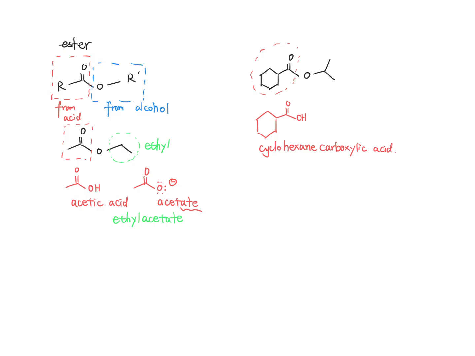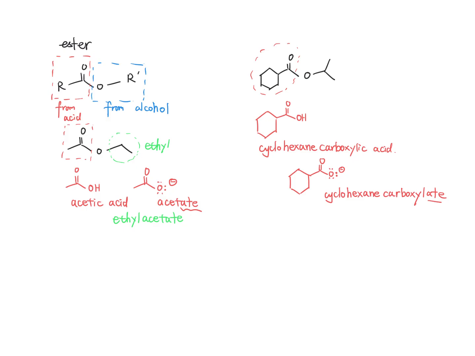Now we are going to change it to its conjugate base form. The conjugate base is like this. It really does not matter. What we want to know is this conjugate base will be called cyclohexane carboxylate. The hydrogen got removed, so it becomes -ate.